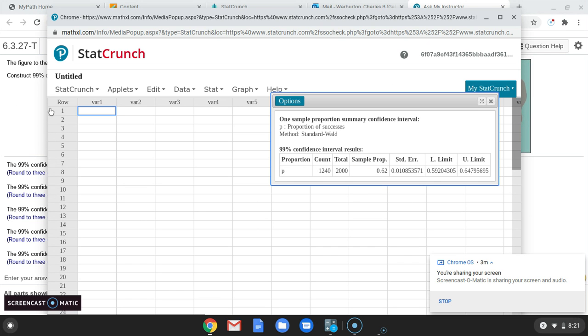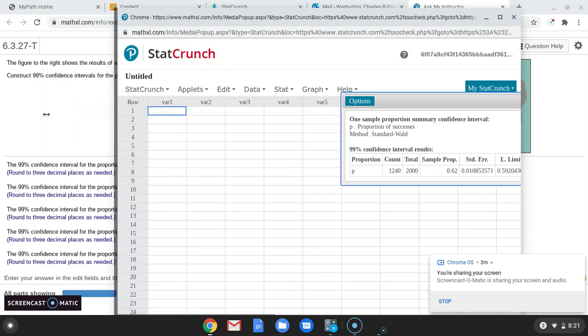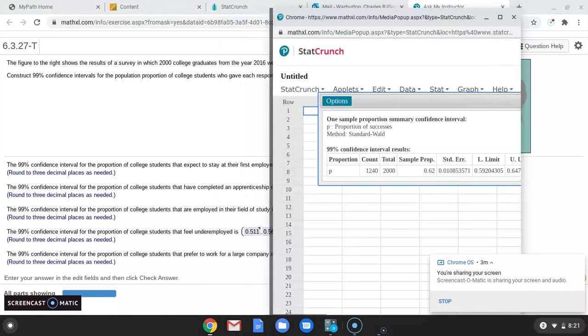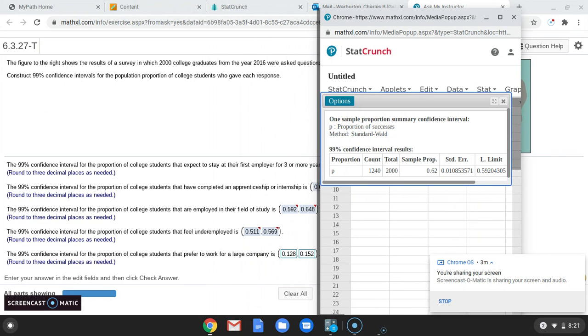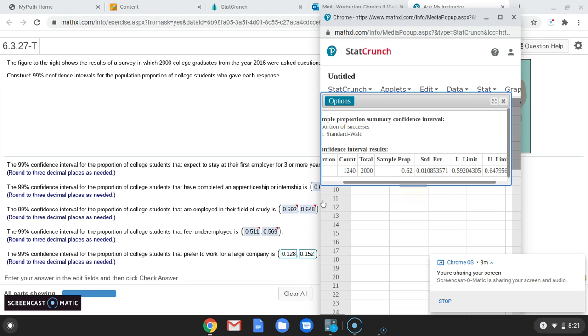So let's see if I can move this over here. That's what would go in here. So in their field of study, 0.592 and 0.648.